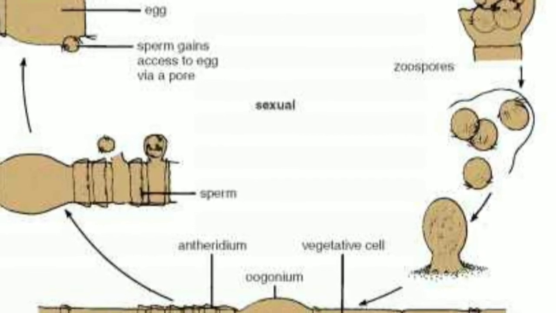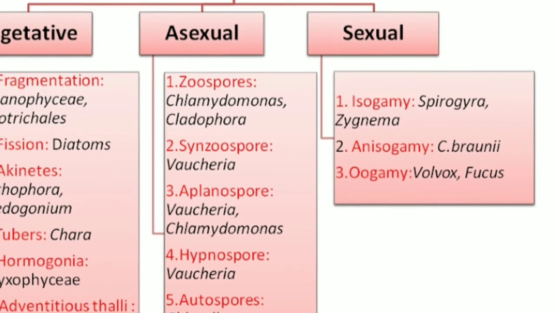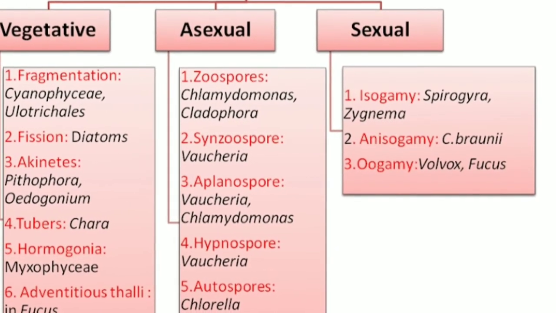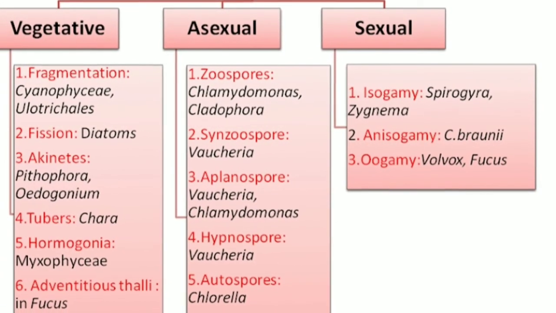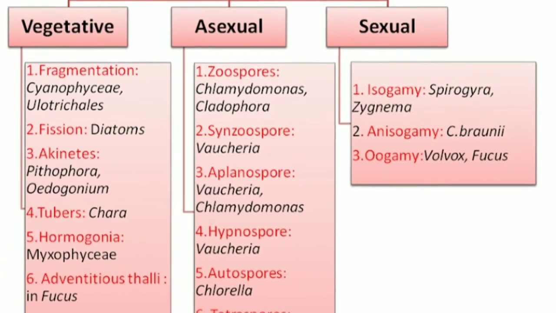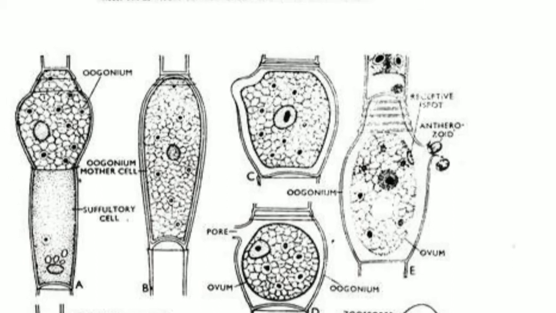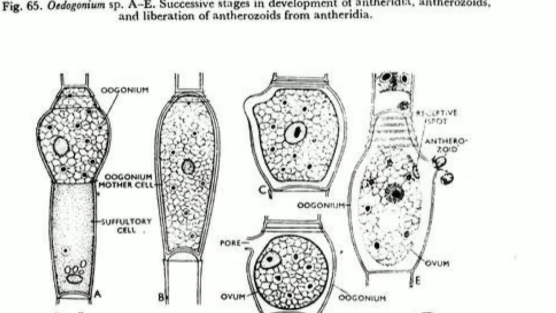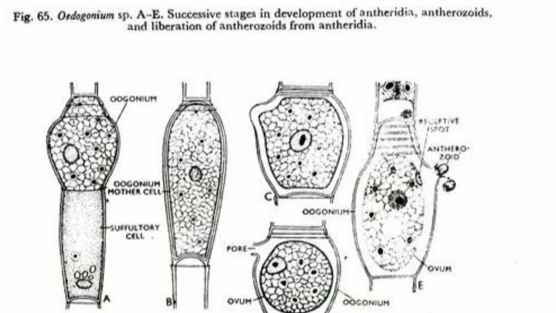Initially, the oogonium is slightly wider than vegetative cells, but at maturity it becomes globose and its protoplast forms a single uninucleate non-motile egg. The young egg is green in color due to the presence of chloroplasts. At maturity, a small pore or transverse slit develops on the oogonial wall.